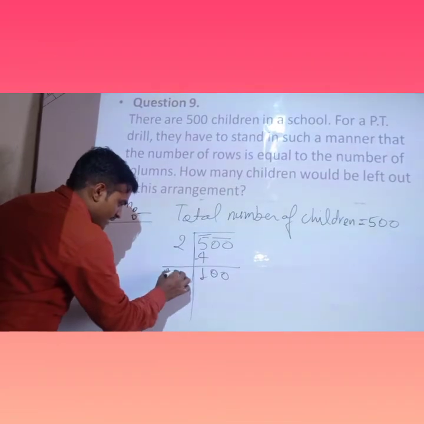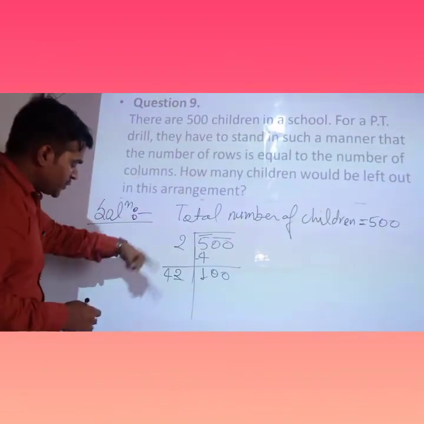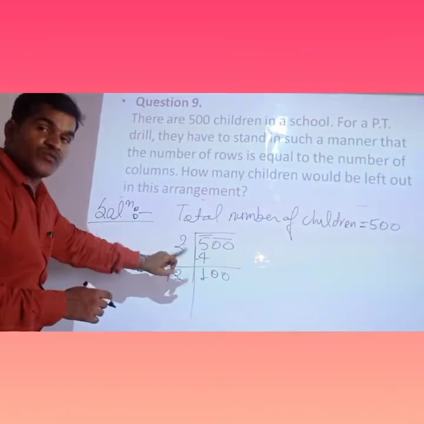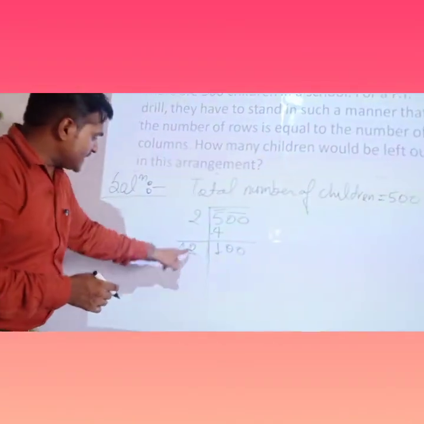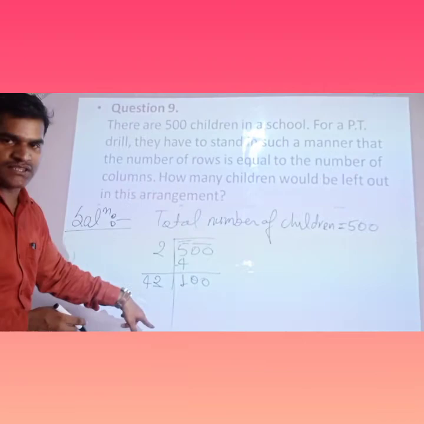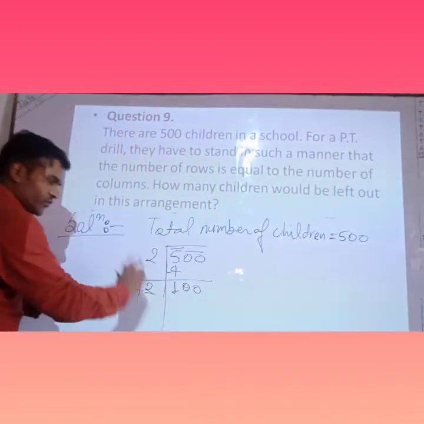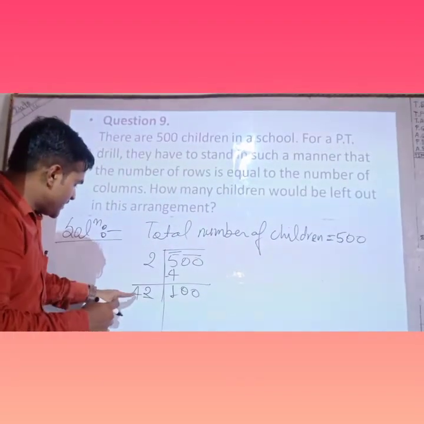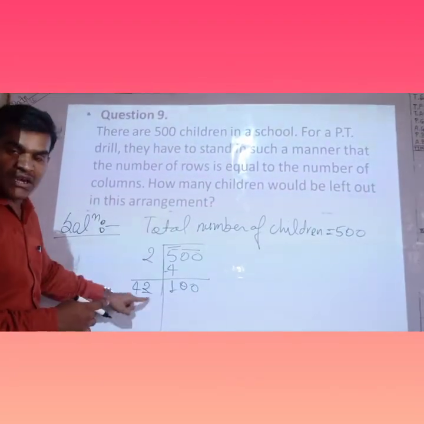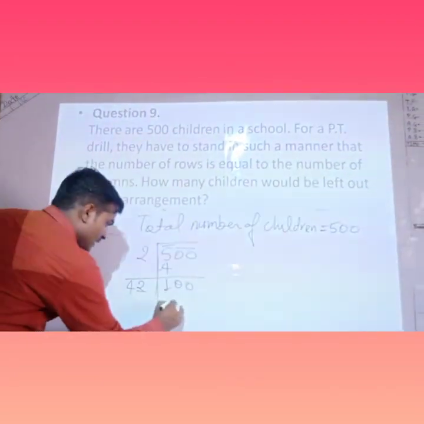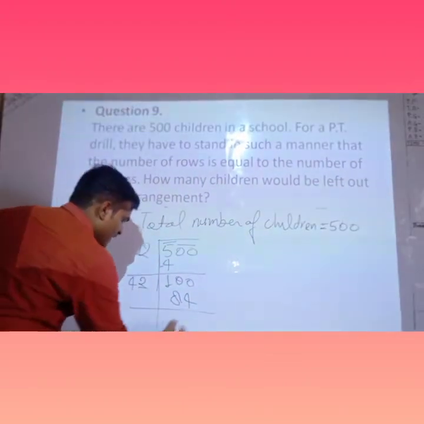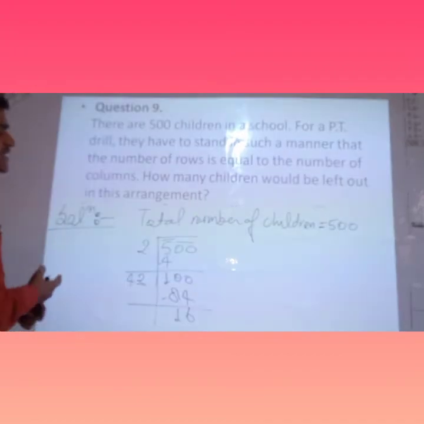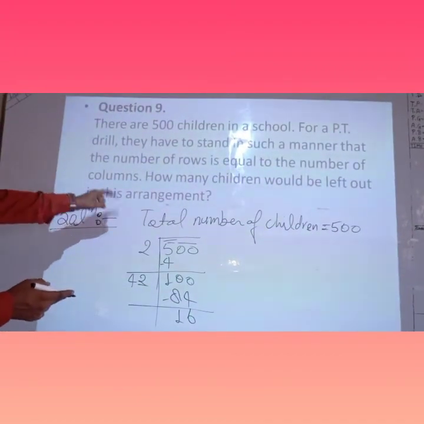When we write 2, so 42 multiplied by 2. When we write 1, so 41 multiplied by 1. When we write 3, so 43 multiplied by 3, that is greater than 100. That's why we wrote 2. 42 multiplied by 2 gives 84. When we subtract it, we get 16. So children, 16 students are left out in this arrangement.